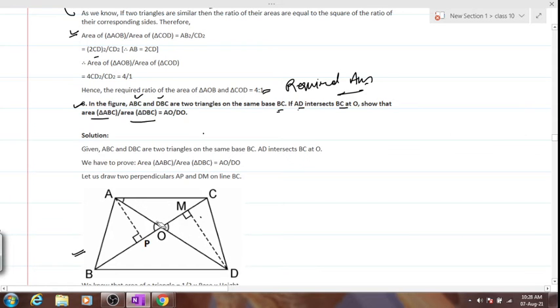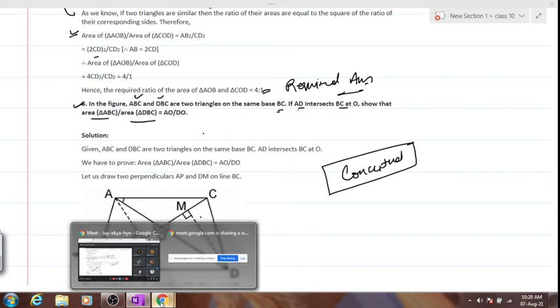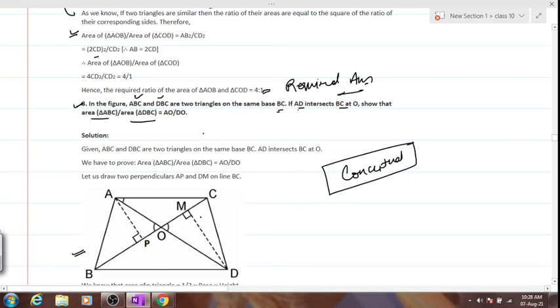Very simple but very conceptual. Let's see if anybody can figure it out.